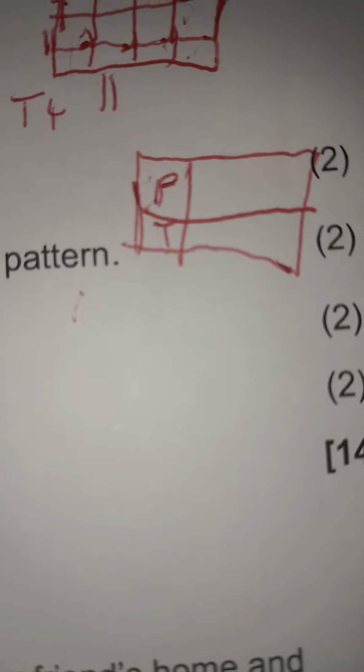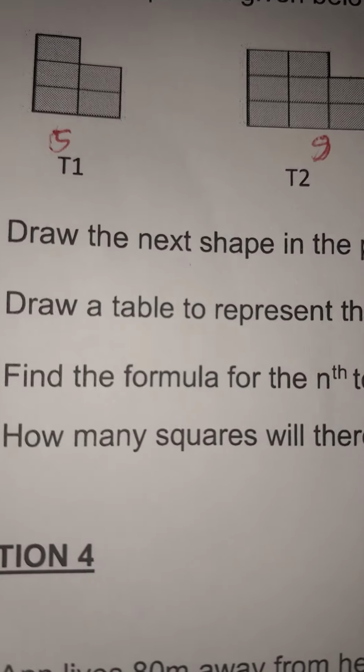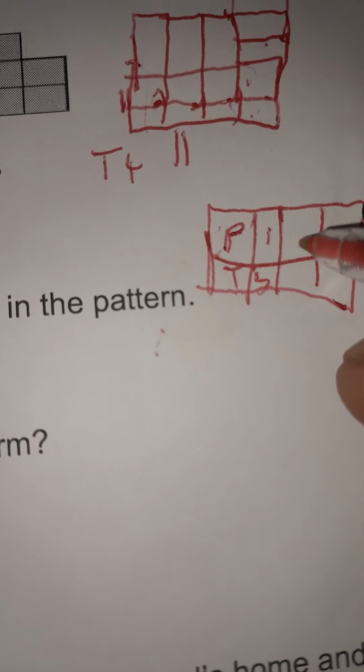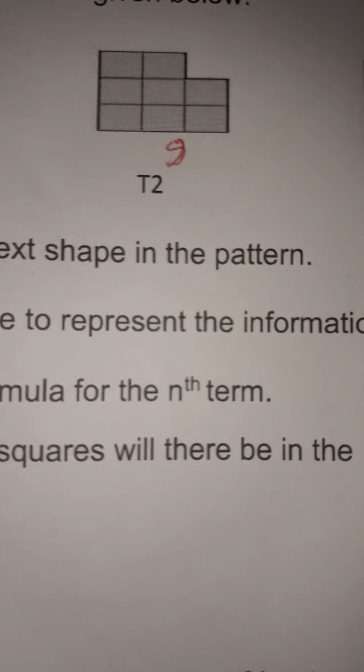So to represent this, let me draw my table there. I'll say position here. At position 1, how many do we have? We have 5, right? So we shall place 5 here. At position 2, we have 8.